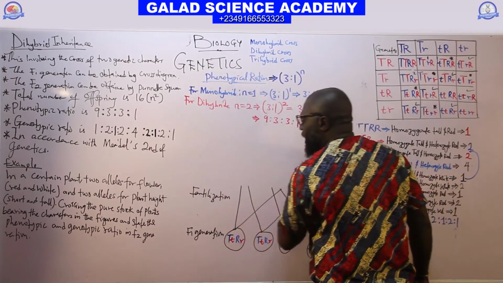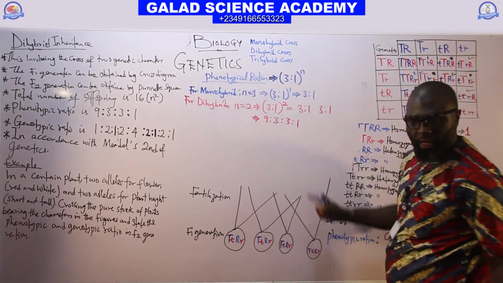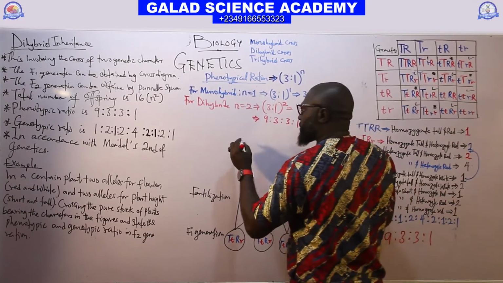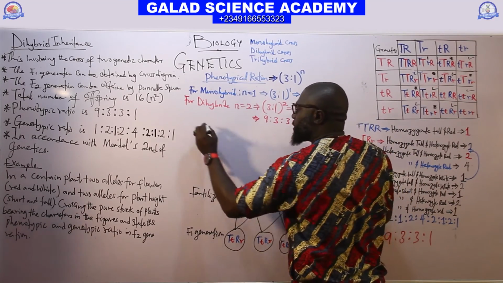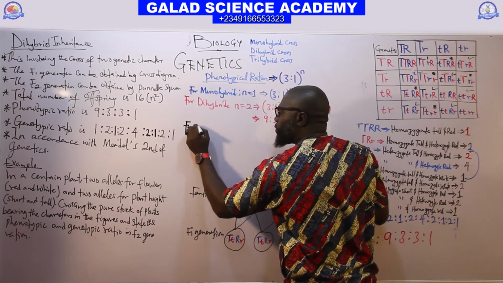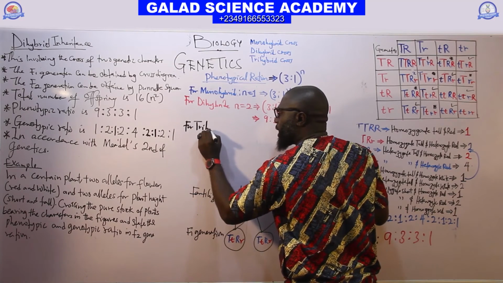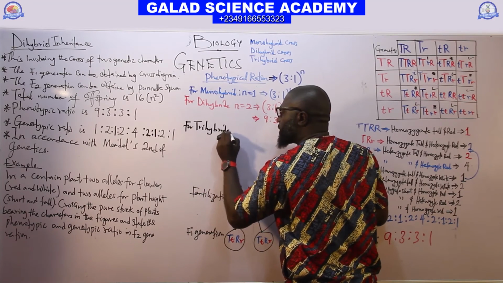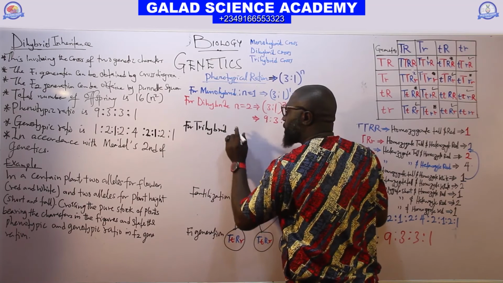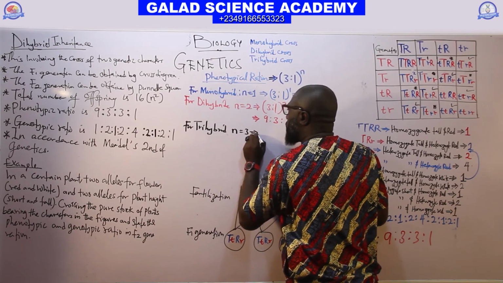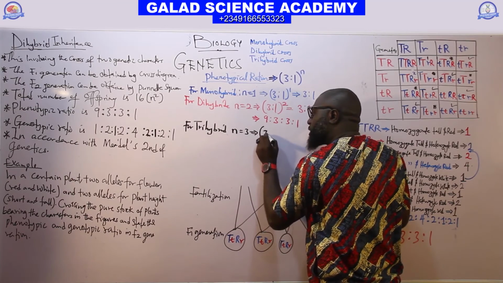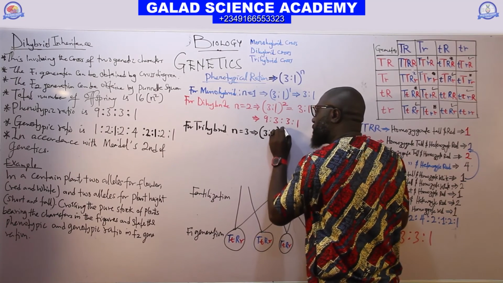So how are we going to know the phenotypic ratio for trihybrid? For trihybrid, our N is equal to 3. So here you now have 3:1 raised to power 3.